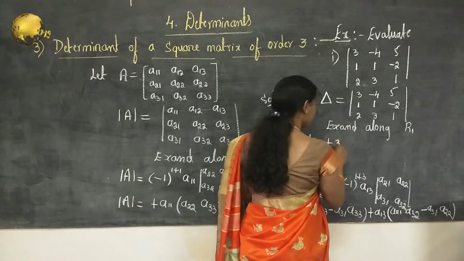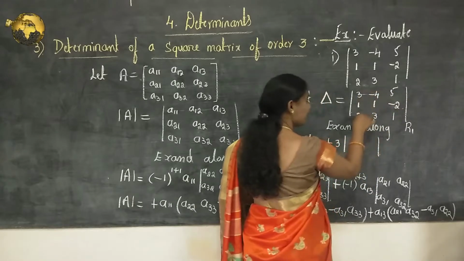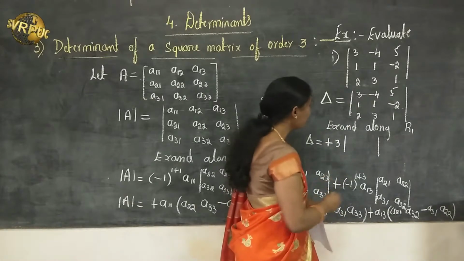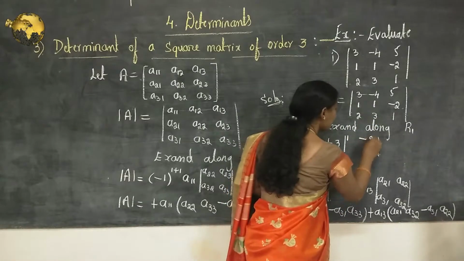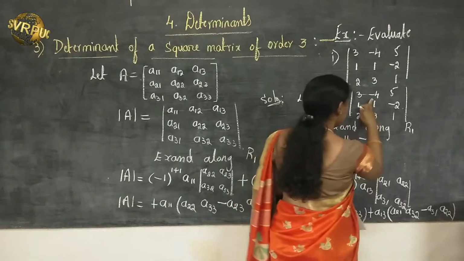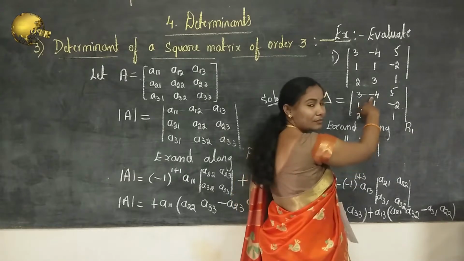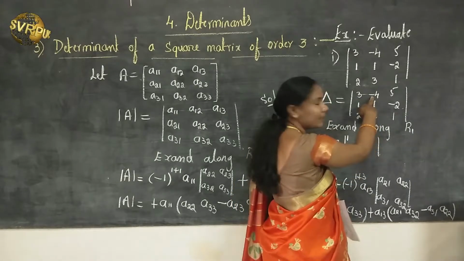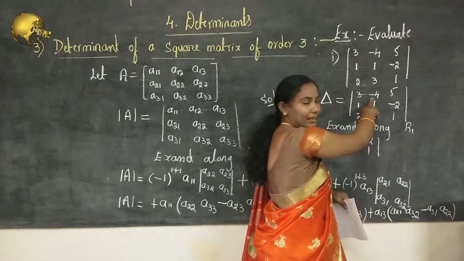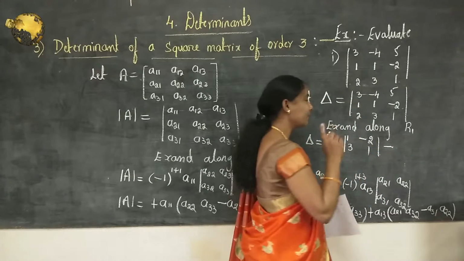Plus 3 into the determinant. Neglect the first row and first column because 3 lies in the first row and first column. So the elements are 1, minus 2, 3, 1. And then next, minus 4 is the first row and second column element, so we get an odd number, which means a negative sign. So put a negative sign instead of writing minus 1 to the power of 1 plus 2.